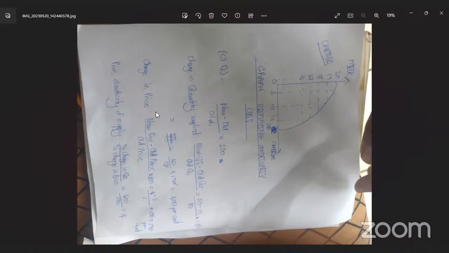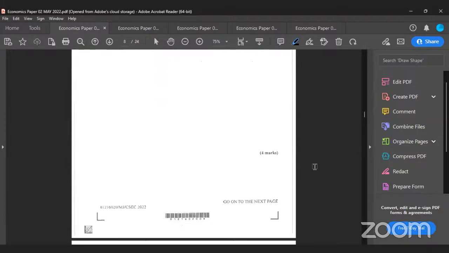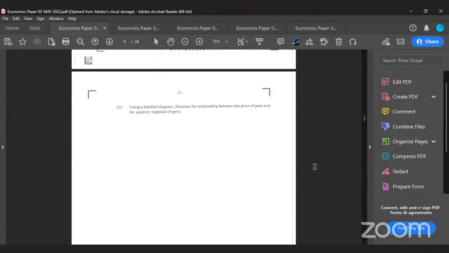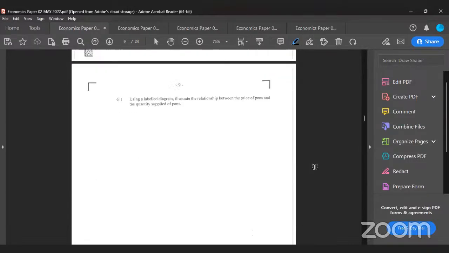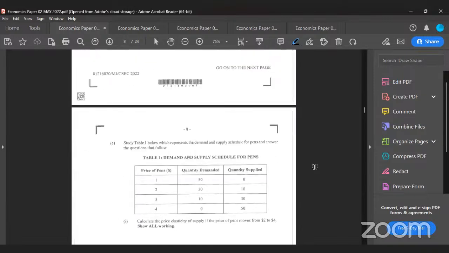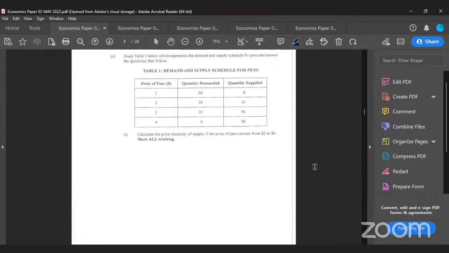So let us return to paper. That is what that would look like. Now, for this question here, I didn't write this one out, but it's pretty intuitive.